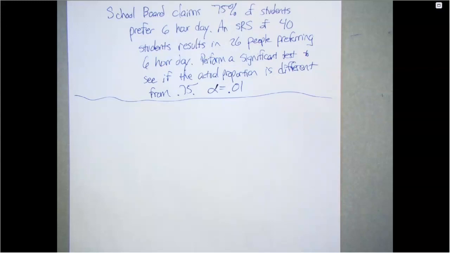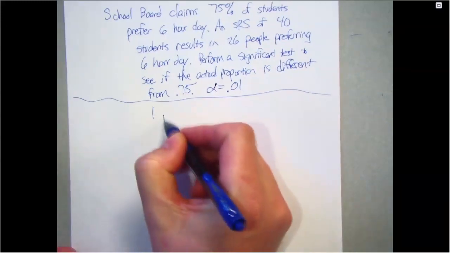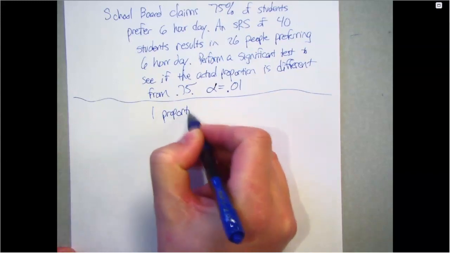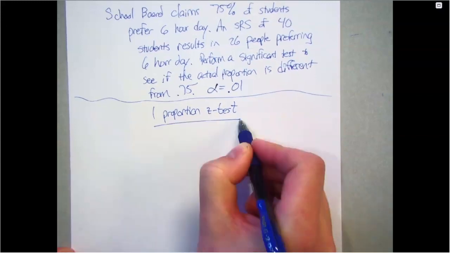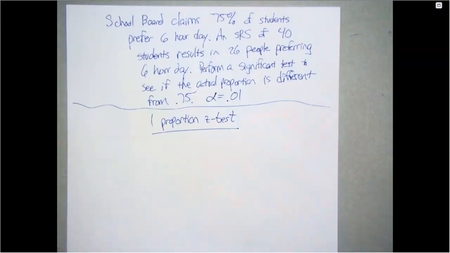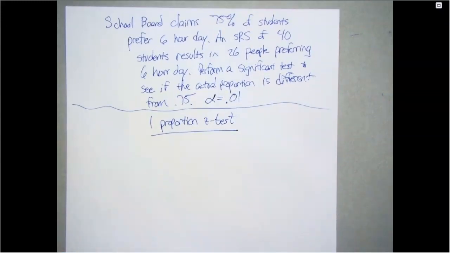I guess you probably already have. You only have one proportion, right? You have 26 out of 40. That's your one proportion. If it was two, it'd be like 26 out of 40, and then this other group was 30 out of 40 or something. You'd have to have two.